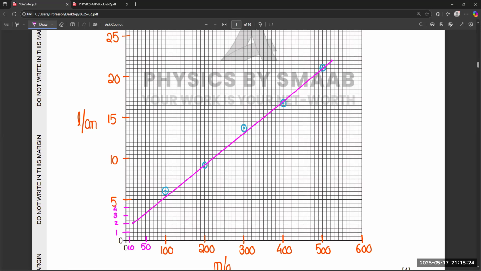In this line, you can see we have 2 points on the top, so we have to correct this line. We have to distribute points equally on both sides. Like this. So you need to just draw a line. It is not compulsory to connect all the points.